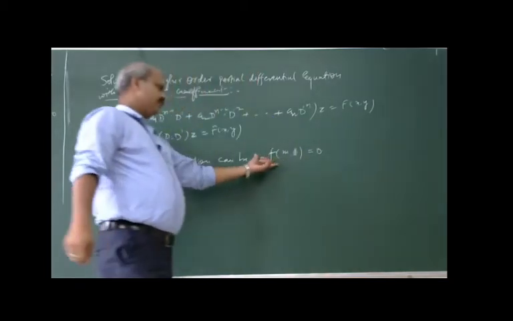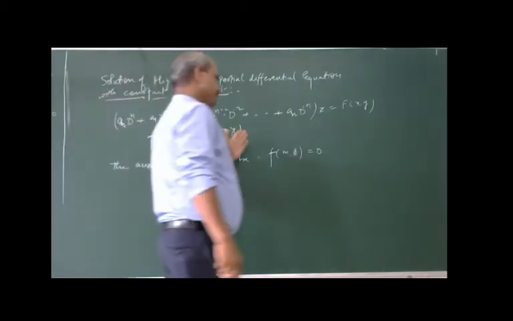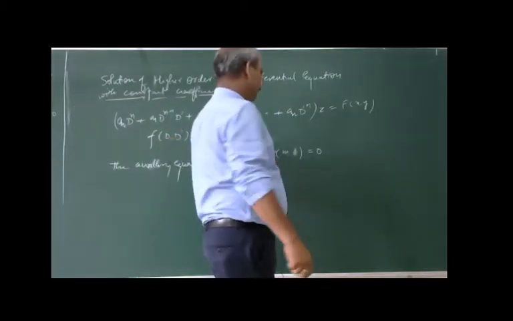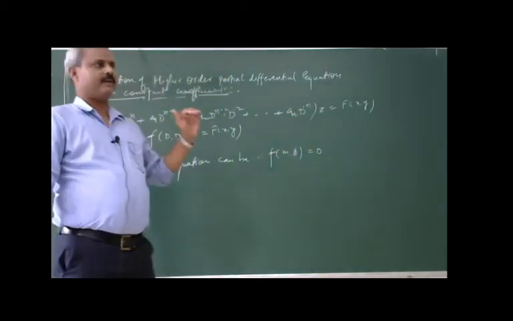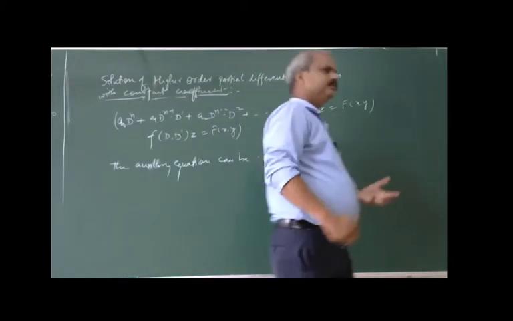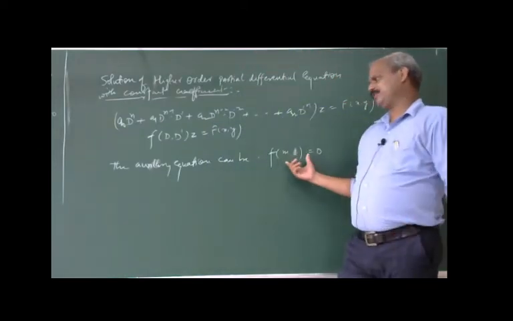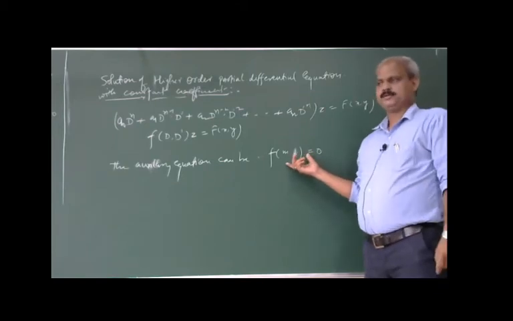To find the auxiliary equation, we have replaced D by m and D' by 1. ये आपको पूरी प्रक्रिया बताई जा चुकी है पिछले लास्ट वीडियो में. Today I am going to tell you with the help of this auxiliary equation how to find the complementary function.